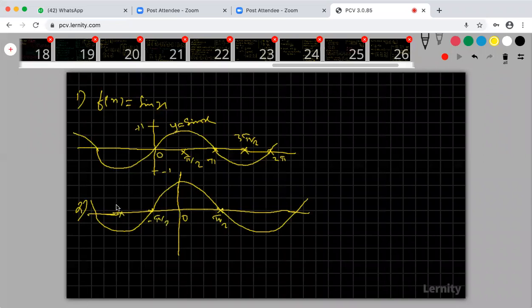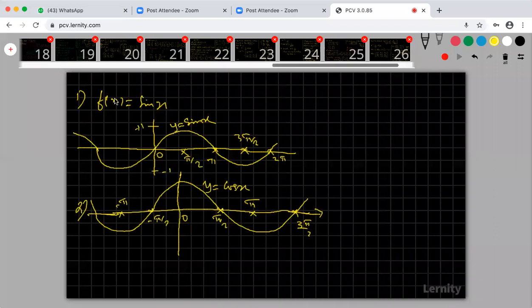Here it is minus pi, here it is plus pi, here it is 3 pi by 2, and it goes on like that. So this is your y is equal to cos x. These things we have discussed in our previous class.